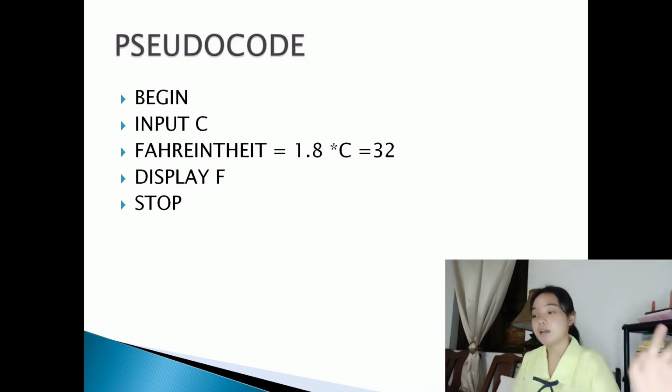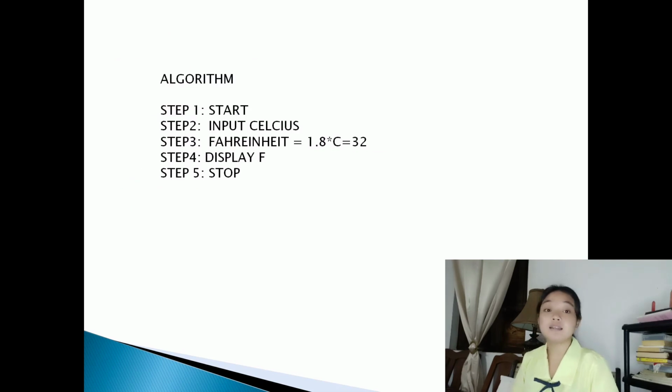And here is my algorithm. Step 1 is of course start. Step 2, input the Celsius. Step 3, Fahrenheit equals 1.8 multiplied by Celsius plus 32. Then step 4 is to display the function, and step 5 is stop.